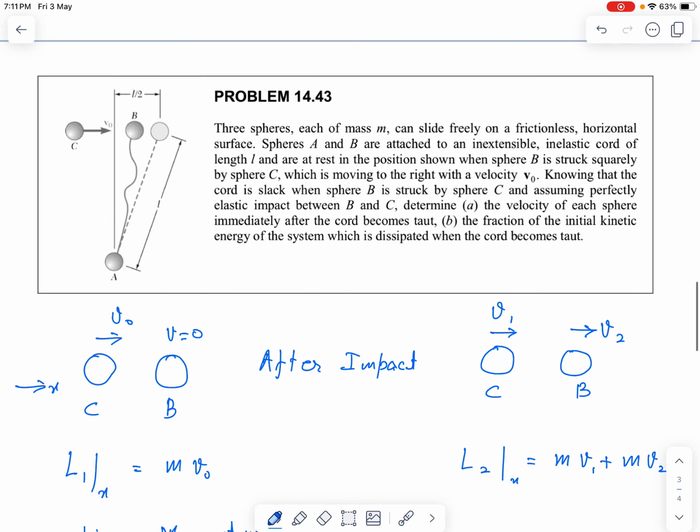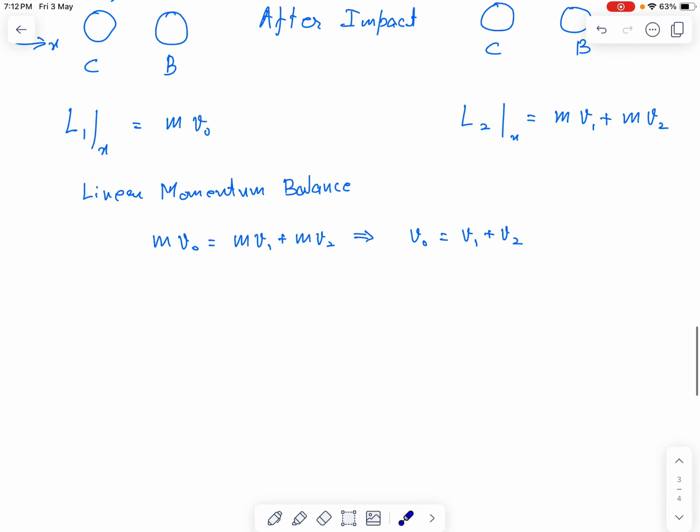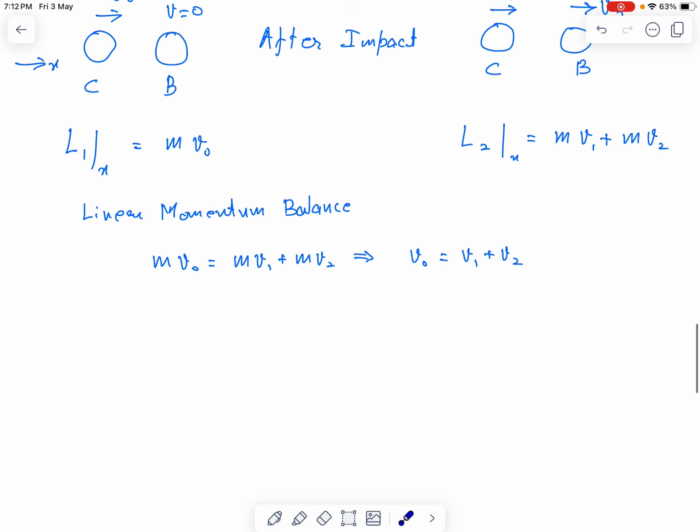Another thing that is told is to assume a perfectly elastic impact between B and C. So when there is an elastic impact between B and C, it means the coefficient of restitution e is 1.